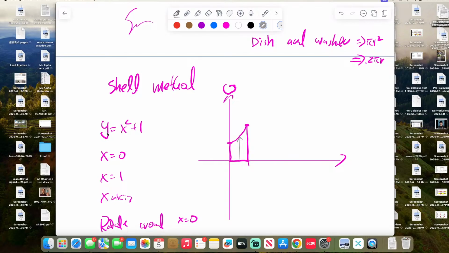So now we're rotating around the x-axis. Now imagine this line, this beautiful gray line, is rotating around the y-axis. What kind of shape am I going to form?